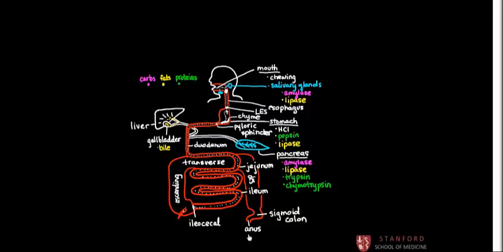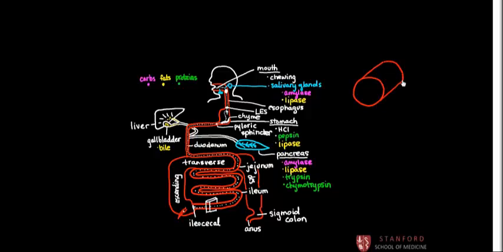Now, I just want you to have kind of a window into what it looks like if we took, let's say, a cross-section through this small intestine. Let's say I took a slice like this out of the small intestine. What you would see would be a muscular tube like this. Let's say this is the chunk we've just cut out.